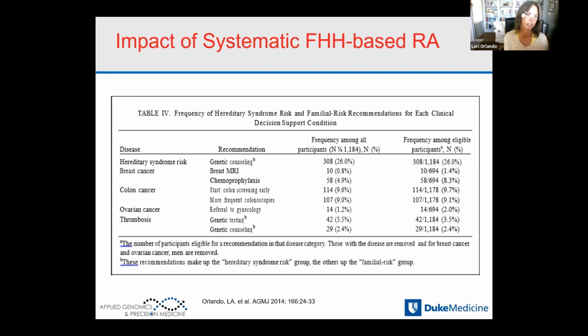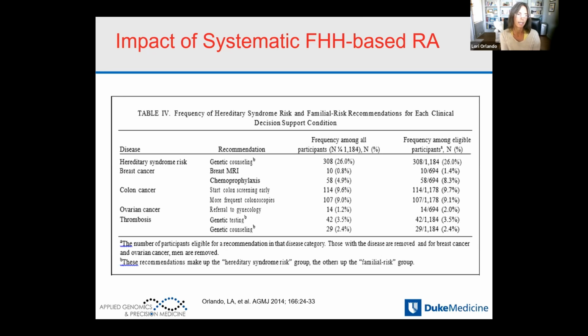In these cases, based on the family history, even if it's normal, you should get screening every 5 years. So that's a more frequent colonoscopy, or you should start early. If you combine those two groups, that's almost 20% of the population in the study. And then ovarian cancer risk was low, 1%, and thrombosis was about 5%.